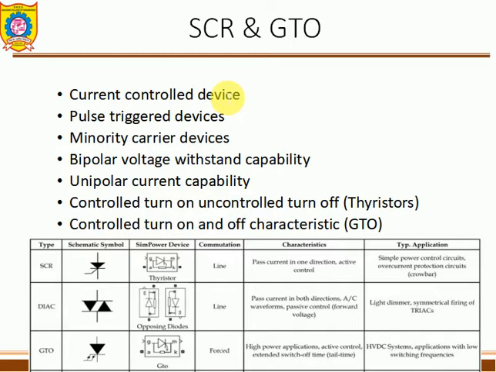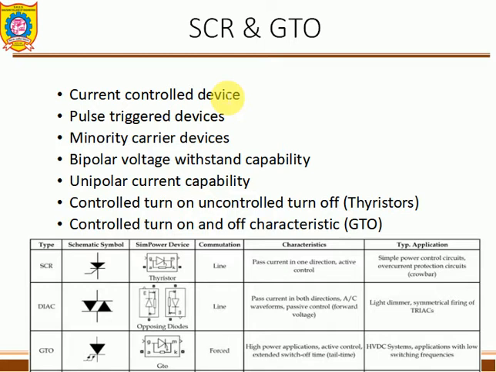So what is a current control device? You will learn about that in the forthcoming slide, the static characteristics tabulation, where you will learn why it is called a current controlled device. It's very simple to say.